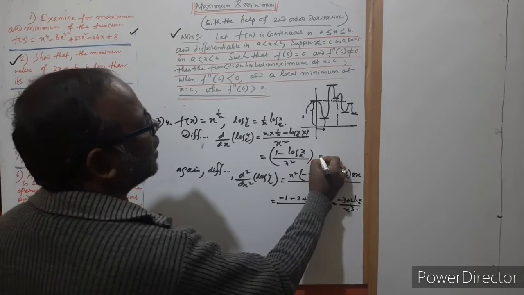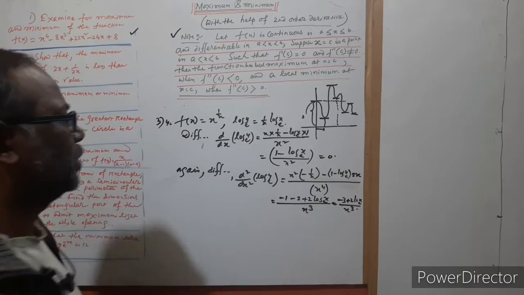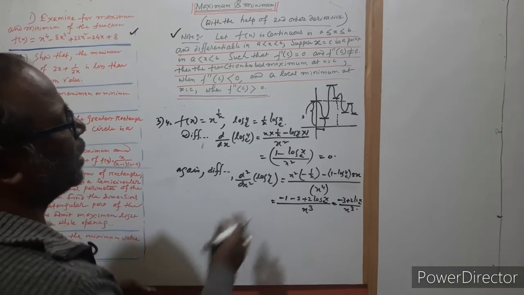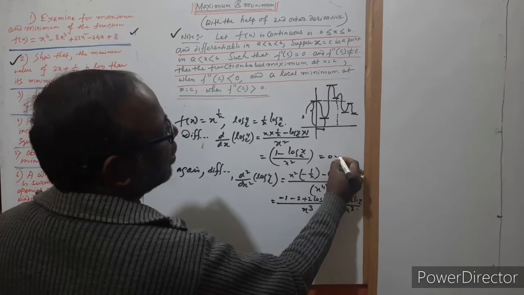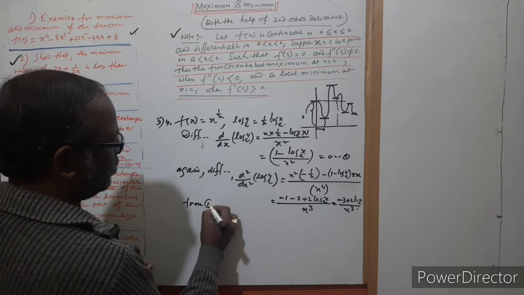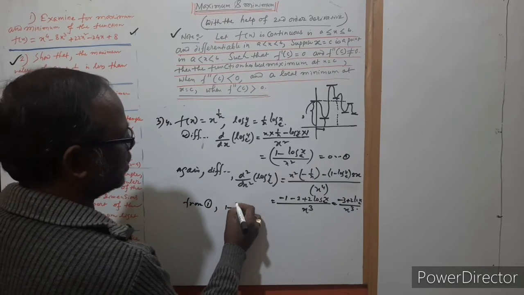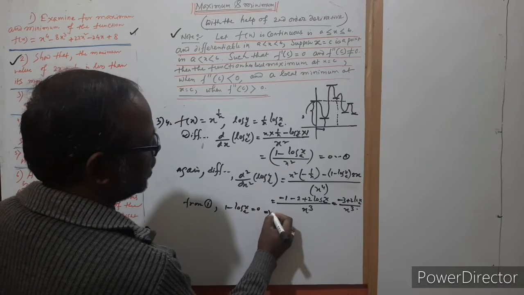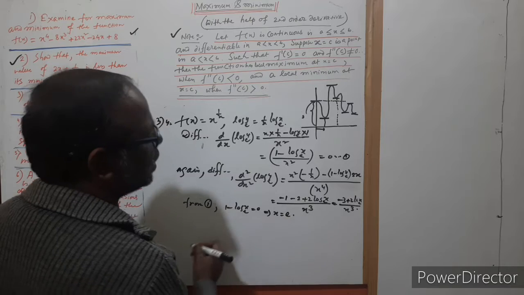And for finding the point, you know the first order derivative would be 0. So from the first derivative, 1 minus log x to the base e equal to 0, which implies that x is equal to e.